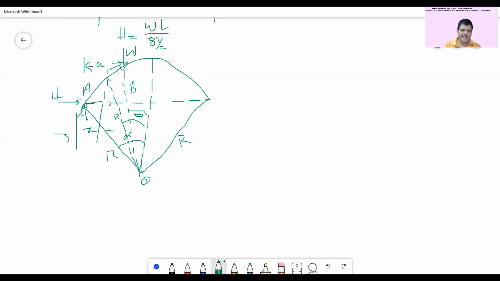Now what is the value of x? You can find the value of x. Up to this it is R sine theta, and up to this it is R sine alpha. So you can write x is equal to R into sine theta minus sine alpha.